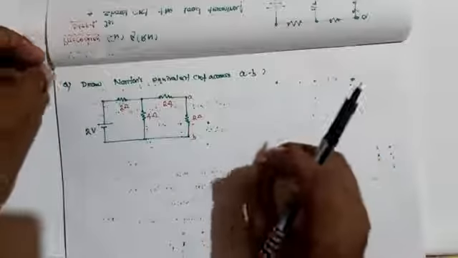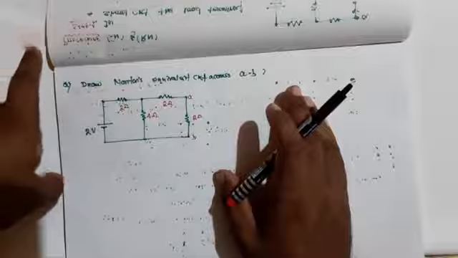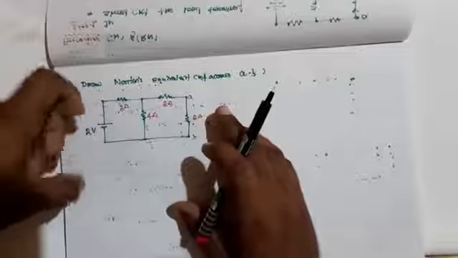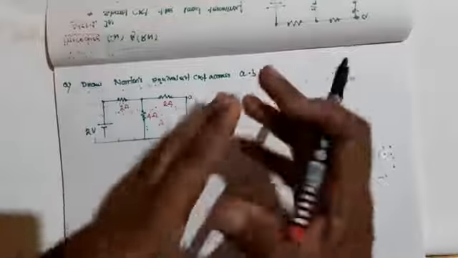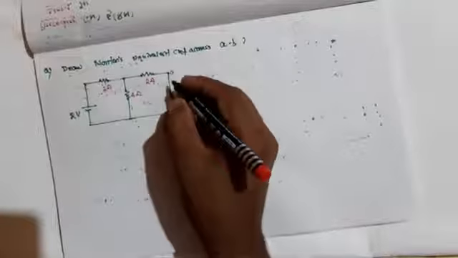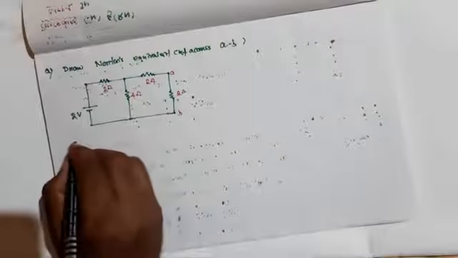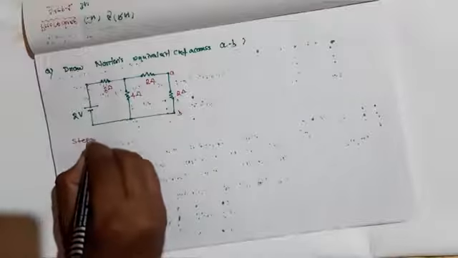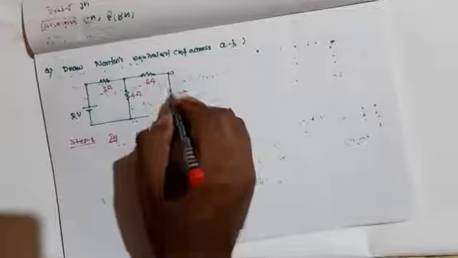Here the question given is to find the Norton equivalent circuit across the AB terminal. This is an actual example of the Norton theorem. Step one, for finding Norton current, we need to short circuit the AB terminal.